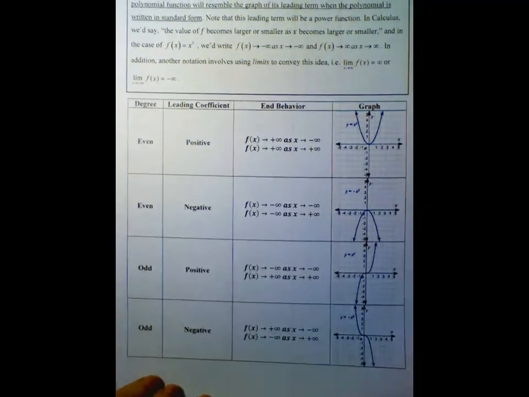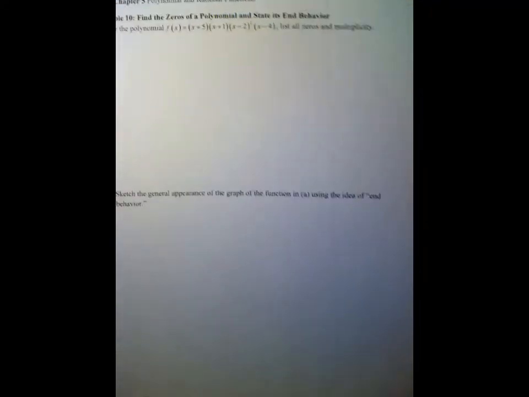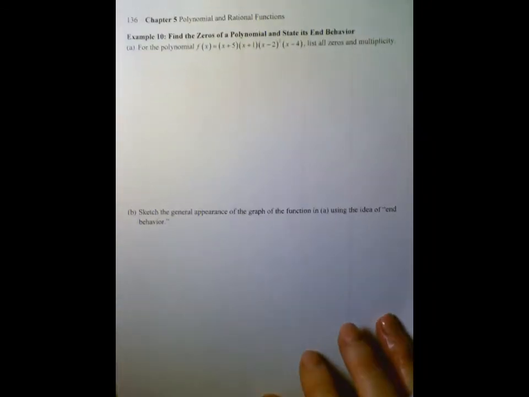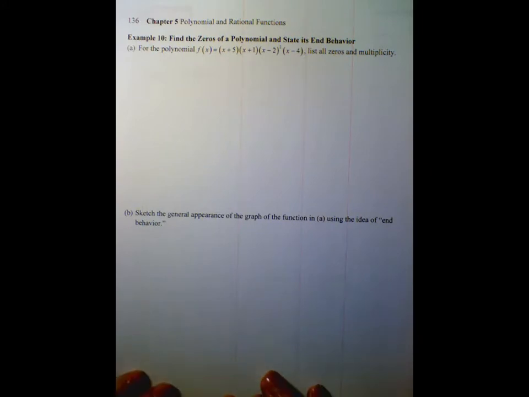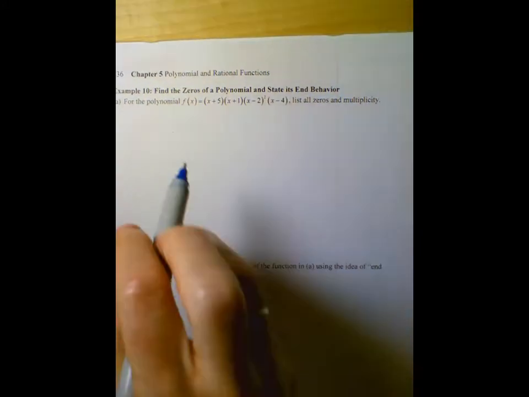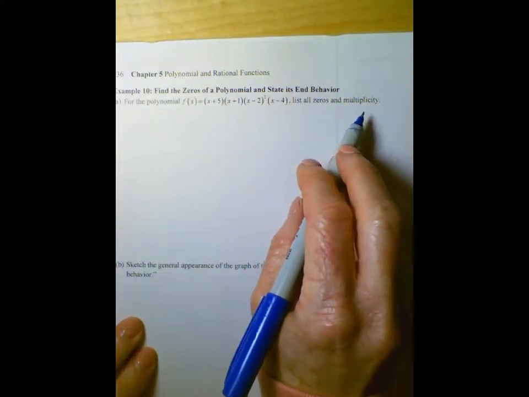Let's look at example 10. Okay, find the zeros of a polynomial and state its end behavior. For this polynomial, we're supposed to list the zeros and their multiplicities.